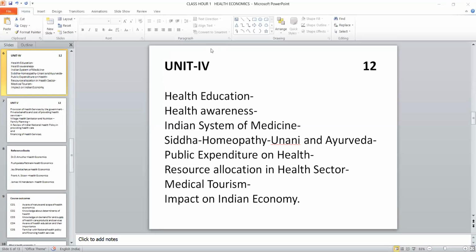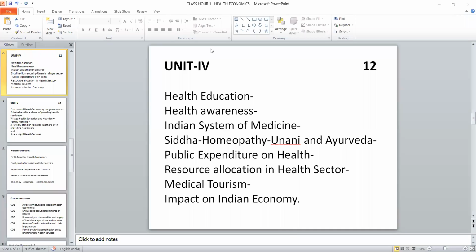How do they augment the gap in healthcare services, and what is the public expenditure spent on healthcare by the government? How are the resources allocated in this health sector? For that, we should have a model called the medical tourism model. Then finally, how it affects or influences the Indian economy.